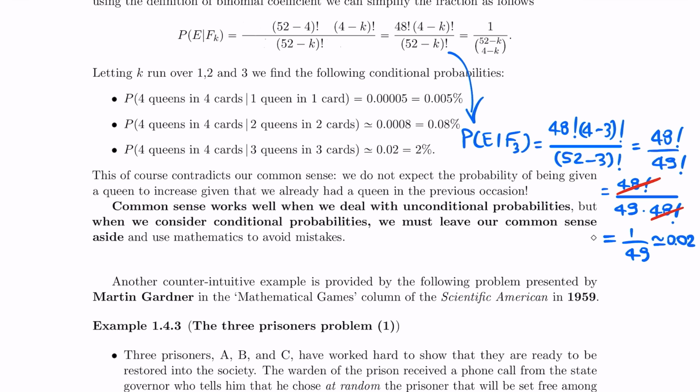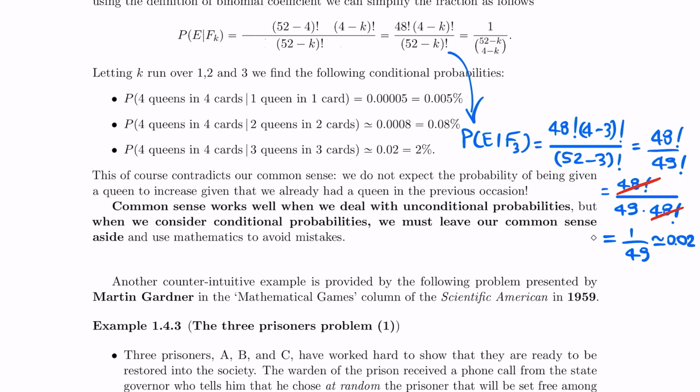And then at the denominator we have 52 minus 3 factorial, which is 49 factorial. Then we use the fact that we can write 49 factorial as 49 times 48 factorial, and so we can eliminate this factor, and we remain with the fraction 1 over 49, that is around 0.02.